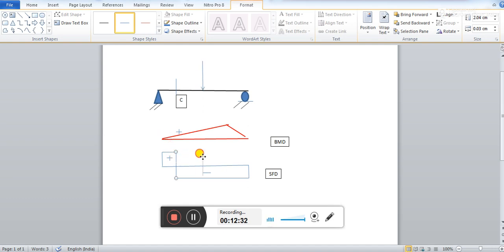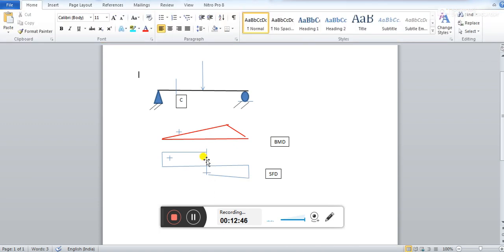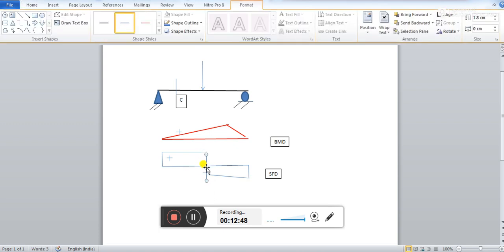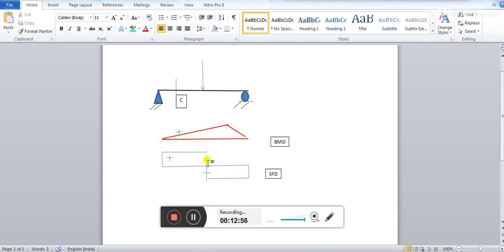Yes, so it will just move like this, and this will be reducing, and this will be a little bit down over here, and this will be rectangular, something like this. So positive and negative will remain same, but you see the shape of the shear force diagram has changed, isn't it? The shape of the shear force diagram has changed.